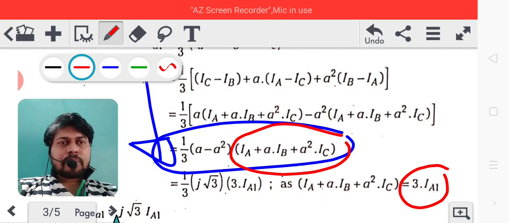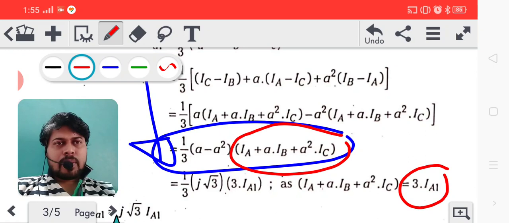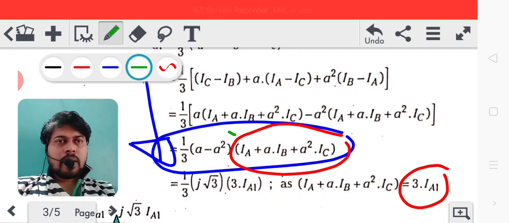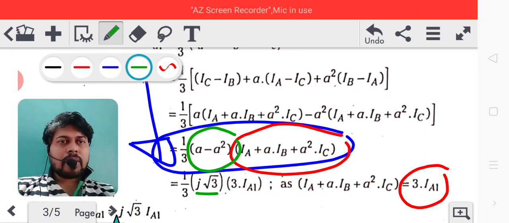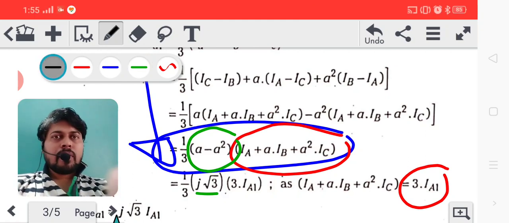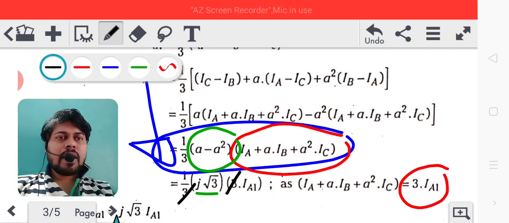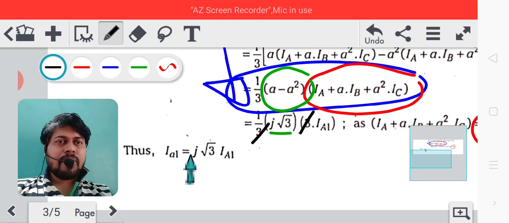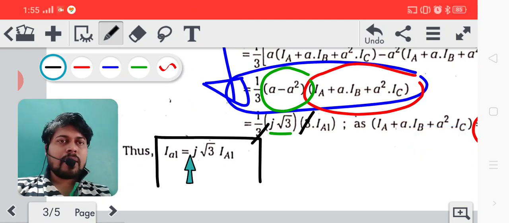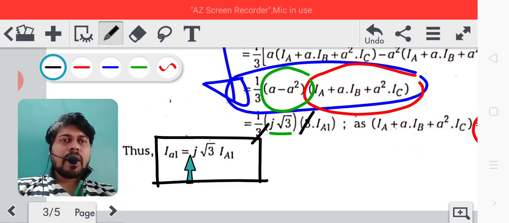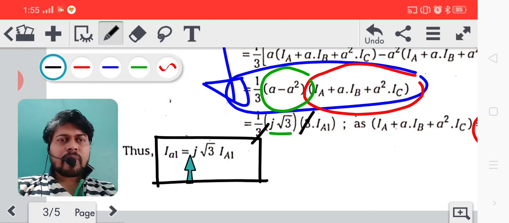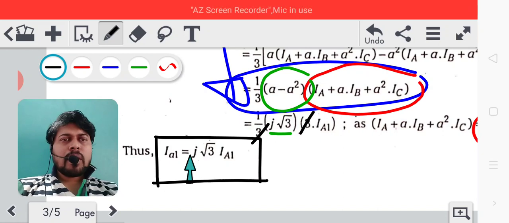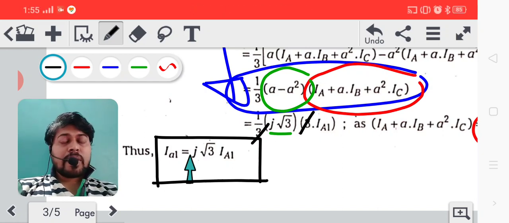And by the A operator characteristics, we can substitute in place of A minus A square as j root 3. Further, cancelling 3 and 3, I will get the expression for IA1 as j root 3 into IA1. That is the relation between the positive line sequence current and the positive phase sequence current.